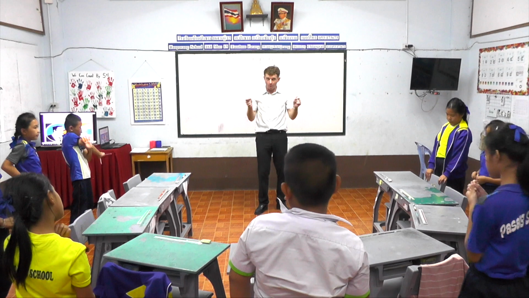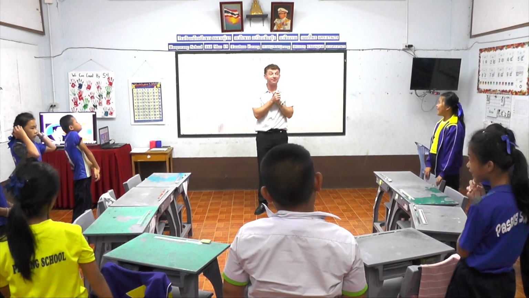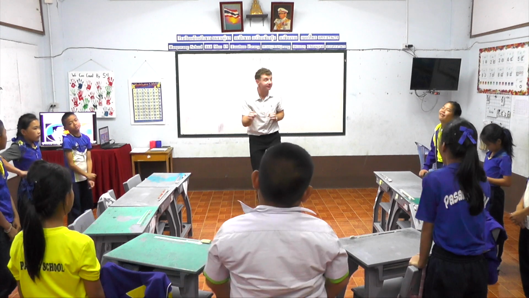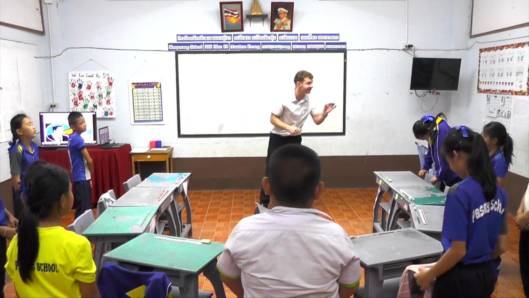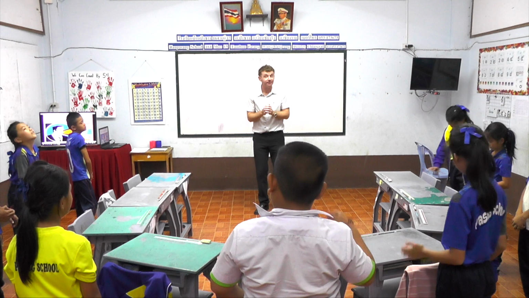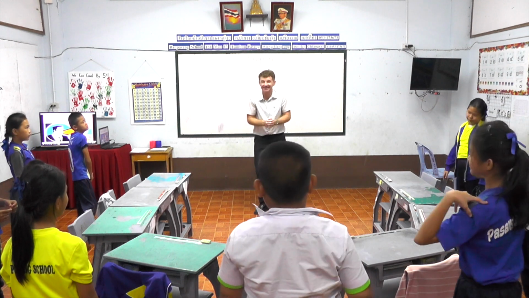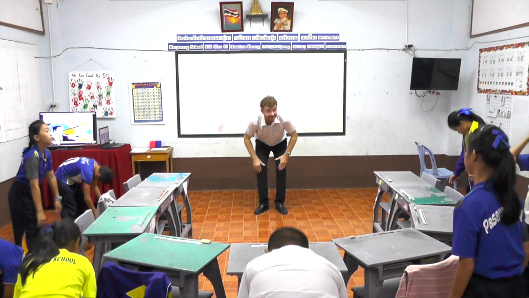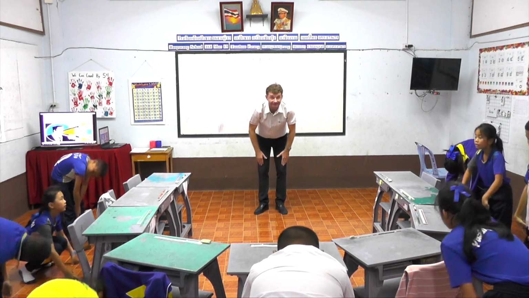We're going to do it one more time, and we'll start doing it slowly, and then we'll do it quickly. Okay, guys? Ready? Head, shoulders, knees and toes. Knees and toes.